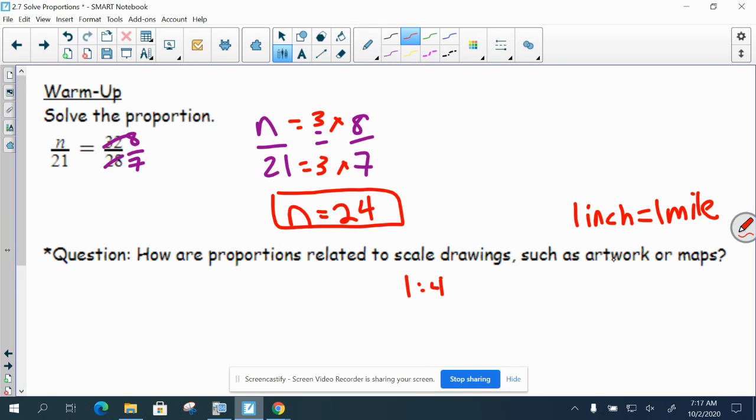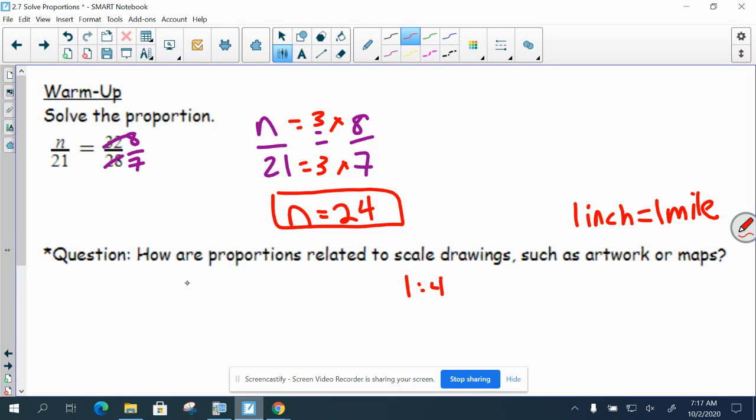And then artwork, I know that you guys use scale drawings in artwork, and when you're creating artwork or a scale drawing, the sides of what you're drawing have to be proportional. So you have to have the same proportion throughout, or else it's not going to look like the actual image.